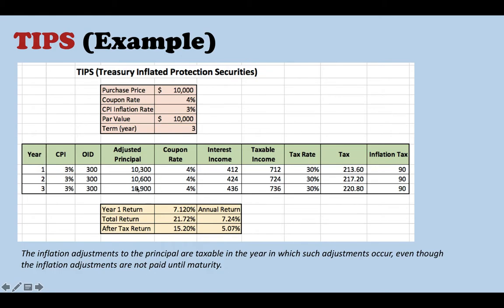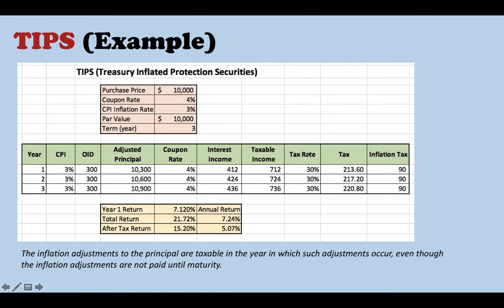It means your extra $900 adjusted from inflation, you will not receive until the maturity at the end of year 3. However, the $900 will be spread over the 3 years to be taxed, which means $300 you do not even receive, but you have to pay tax on it. This is kind of called phantom tax.